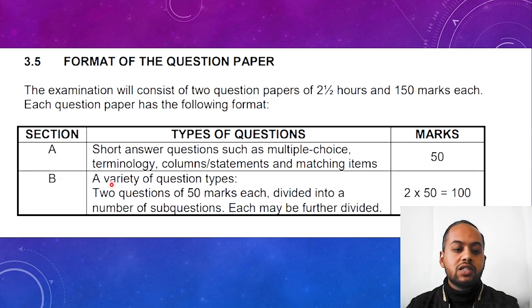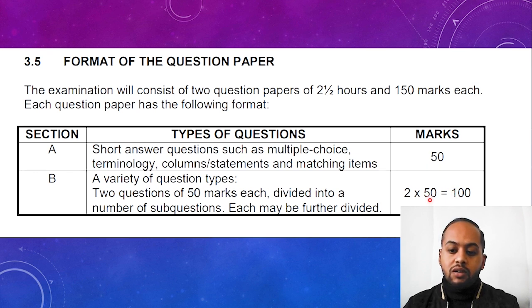Section B comprises of a variety of question types. These include 2 questions of 50 marks each. It will be subdivided into a number of sub-questions. Each may further be divided.